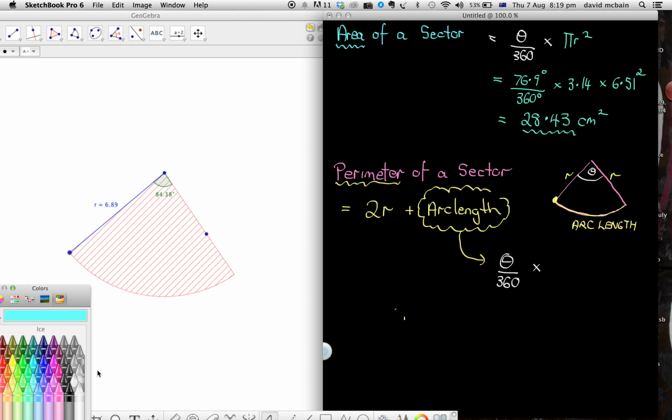And hopefully you'll remember that the circumference of a circle is 2 times pi times r, or some people write that as pi times d, and that's fine as well.